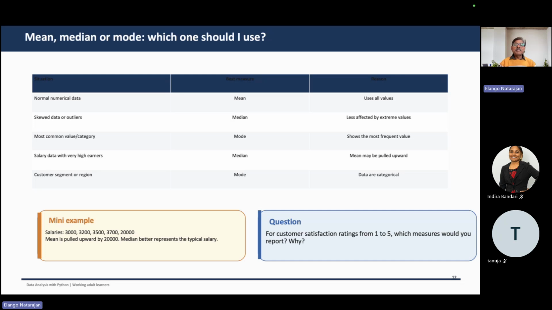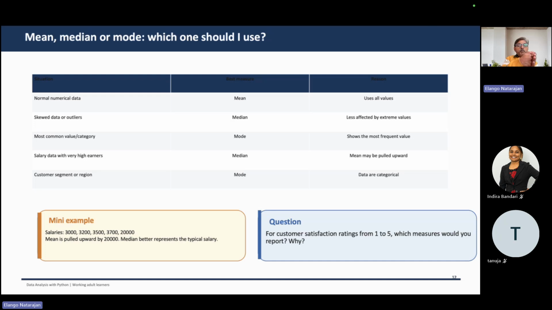Look at the sample at the bottom: 3,000, 3,200, 3,500, 3,700, and 20,000. It's a big number. If you find the mean of these numbers, it won't be in the range of 3,000. It will be higher than 3,700.